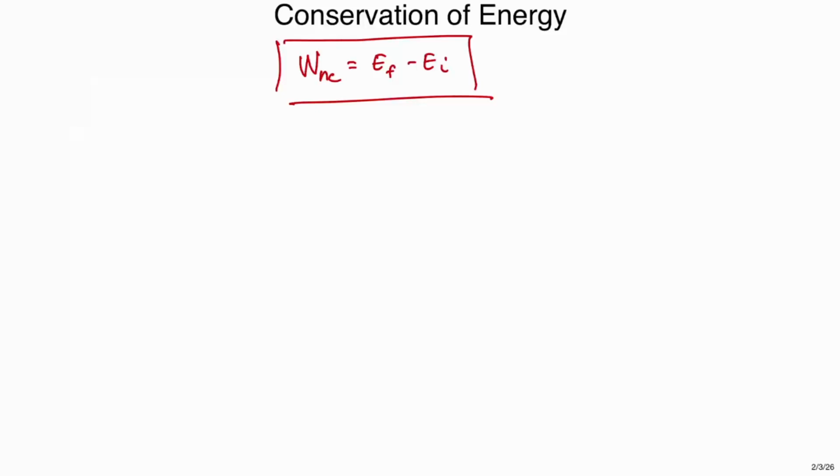It's a seemingly simple equation that is going to grow as we apply what we've learned about energy. What do I mean by that? Can we ignore the work non-conservative just for now? I'm going to keep punting that one down the road.